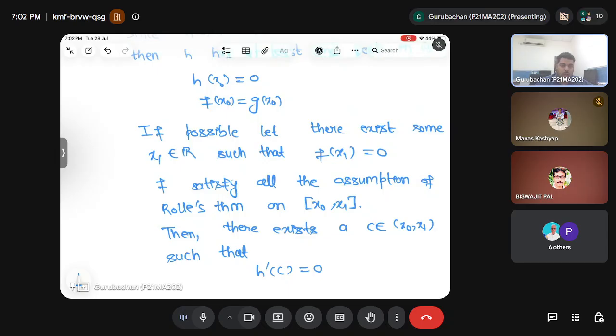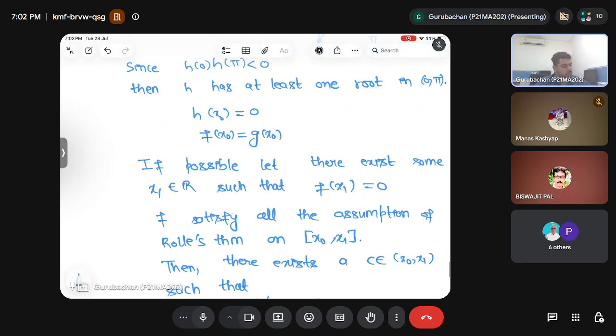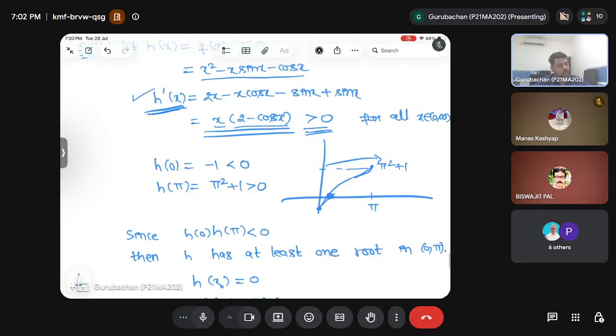Can it be possible in our case? Can this scenario be possible for any value of C? See, here you have proven that h dash x is strictly greater than 0 on the whole domain.